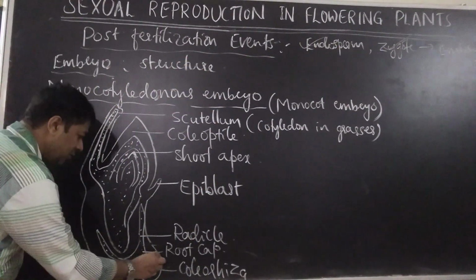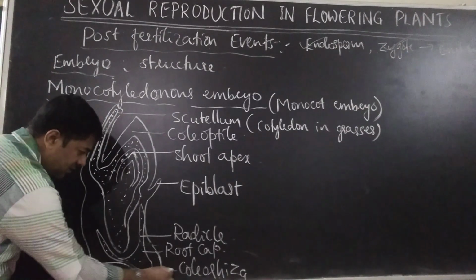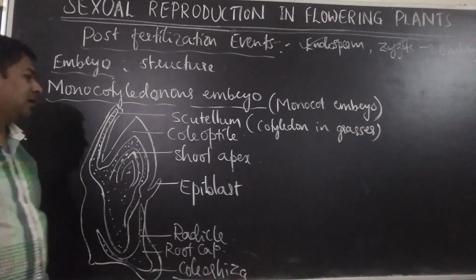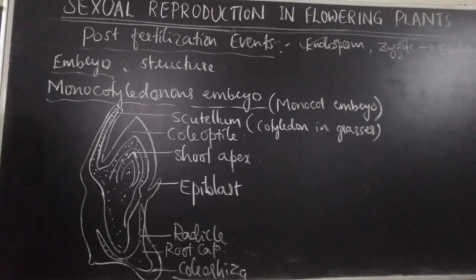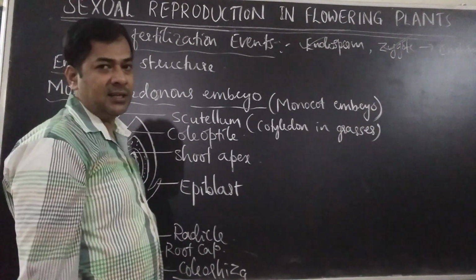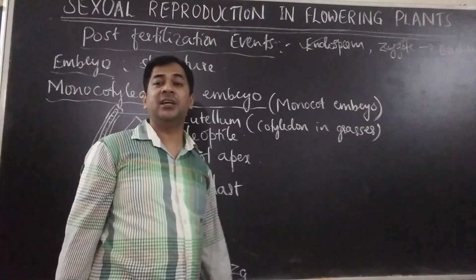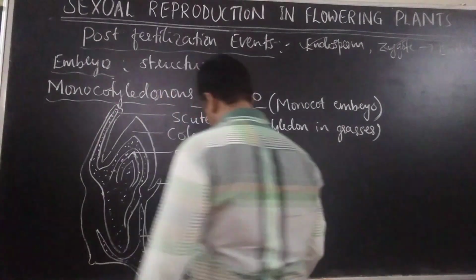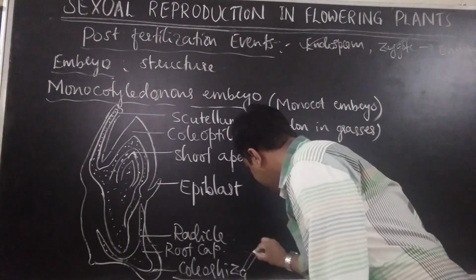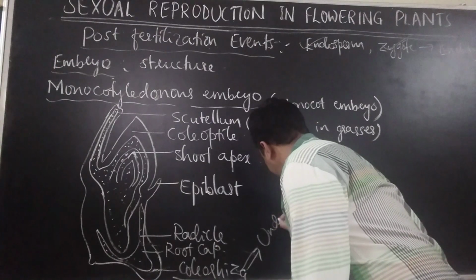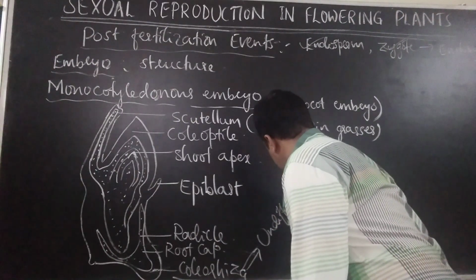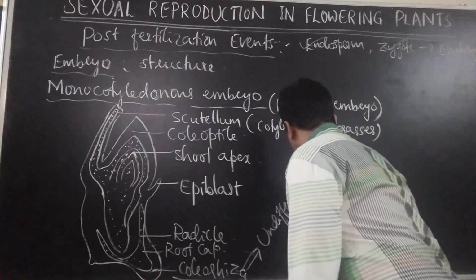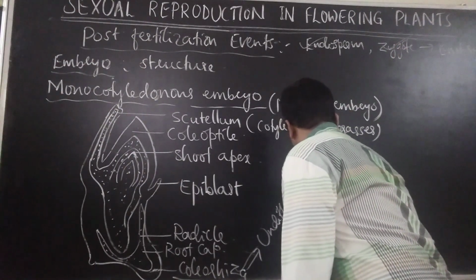Then the lowest part, lowermost part here, what you see, that is coleorhiza. Rhiza means roots. Coleorhiza. Okay, so you should know that the coleorhiza, what is that? That is undifferentiated tissue. What is the meaning of undifferentiated?